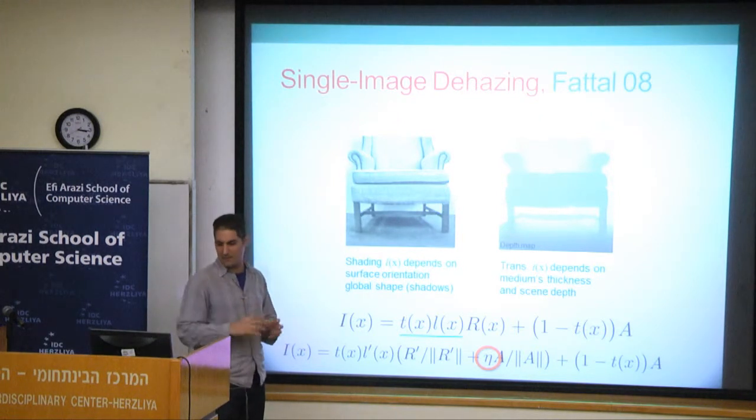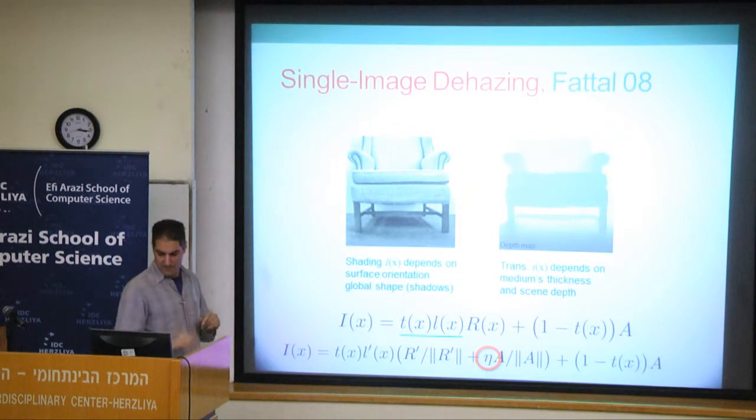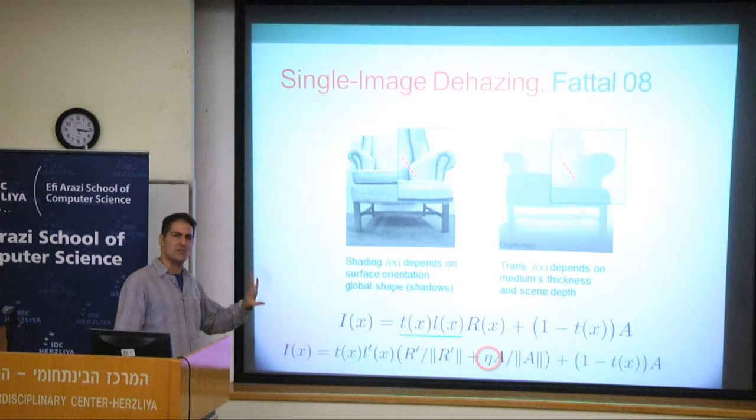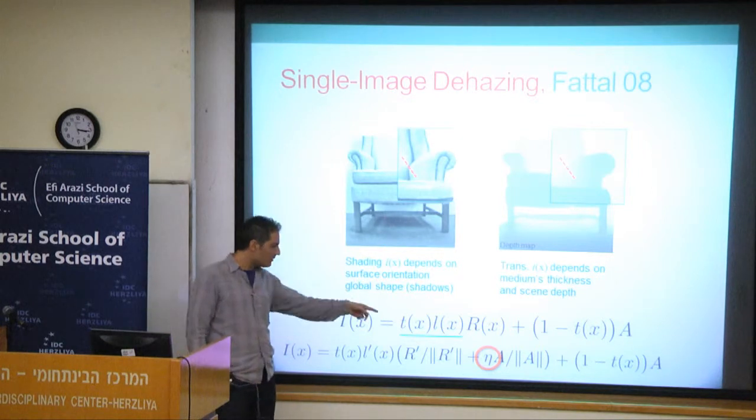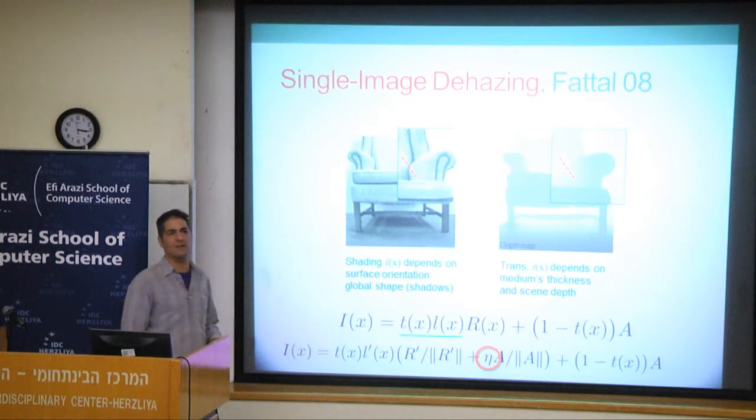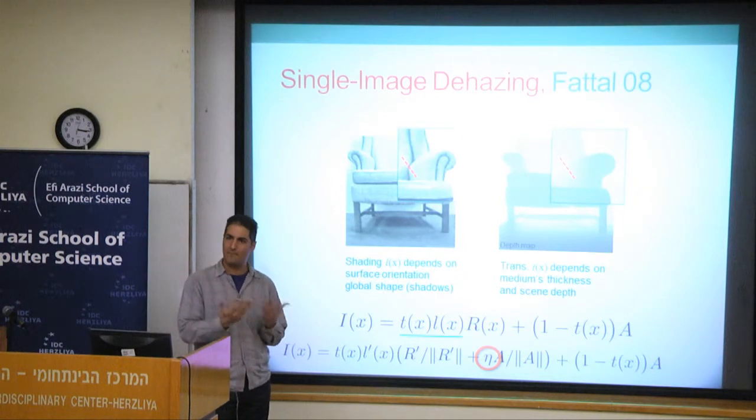So it's one scalar that can be estimated based on a number of pixels around it. And the way it was proposed to estimate this ambiguous number is to decorrelate the transmission from the shading. So wrong values of eta here cause the transmission and the shading functions to blend.